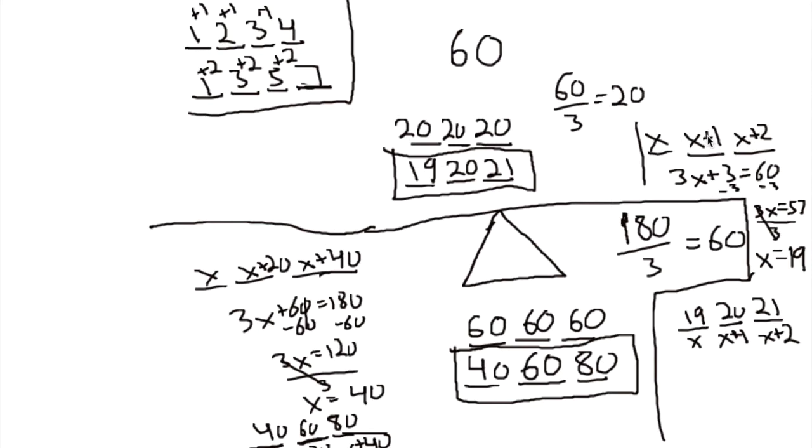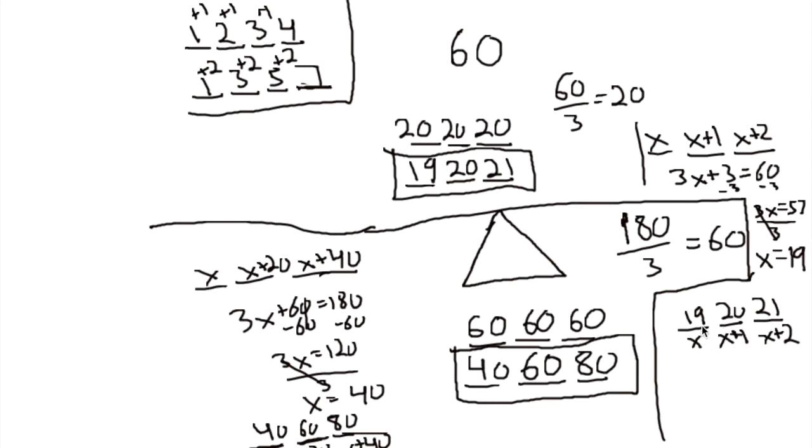Then I add these all together: x plus x plus 1 plus x plus 2 equals 60, because they add up to 60. 3x plus 3 is 60. Subtract 3 from both sides. 3x equals 57. Divide by 3. x equals 19.